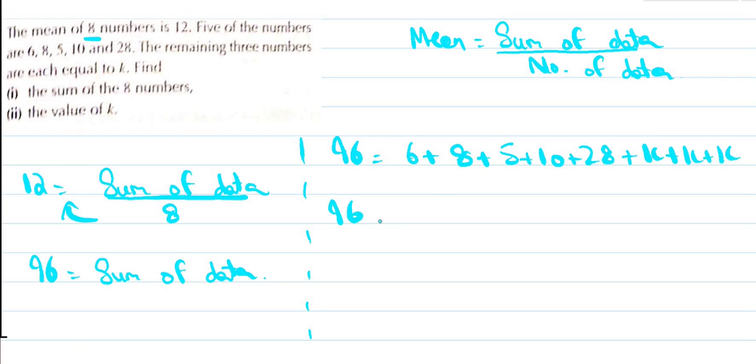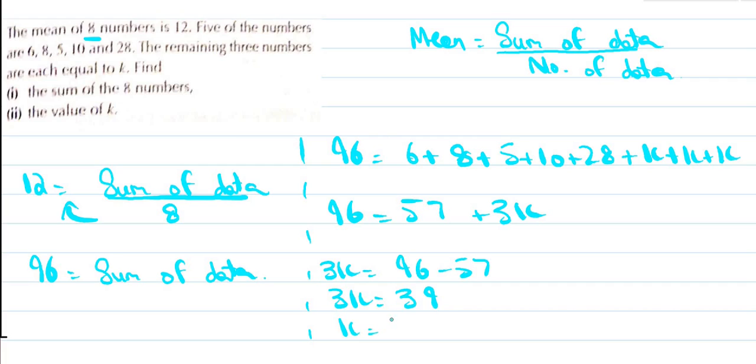Now 96 is equal to 57 plus 3k. Now 3k is equal to 96 minus 57. 3k is equal to 39 and k is equal to 39 divided by 3. Now the value of k is 13 and hence you have found the value of k.